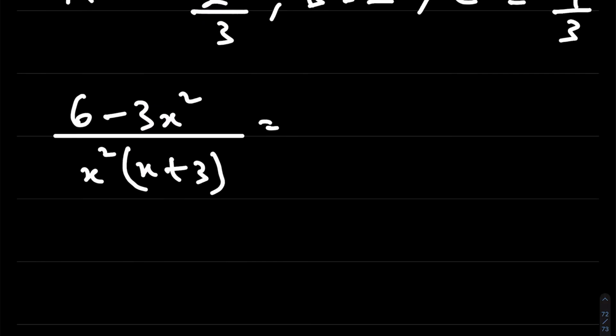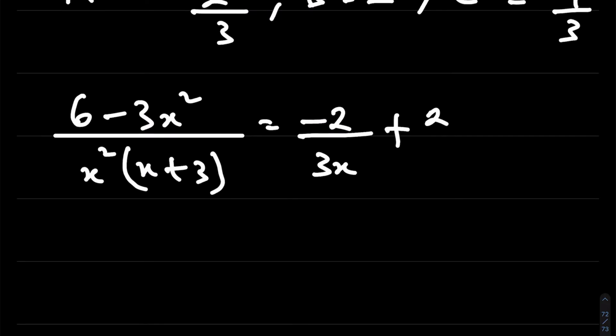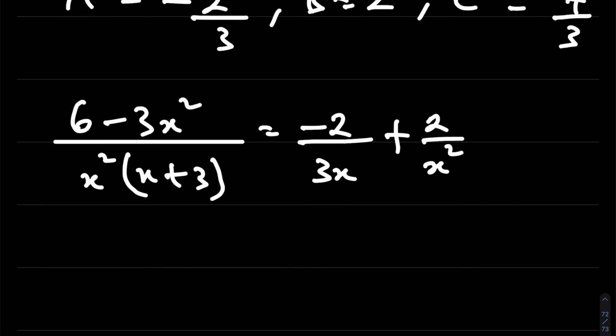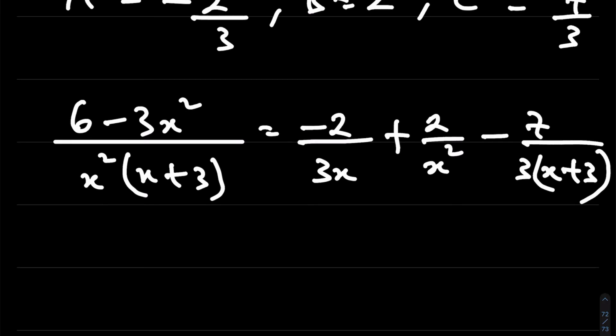That simply means minus 2 over 3x plus b over x squared, that's plus 2 over x squared, plus c over x plus 3, that means plus times minus 7 over 3, that will be minus 7 over 3 times x plus 3. And that's it, very, very simply.